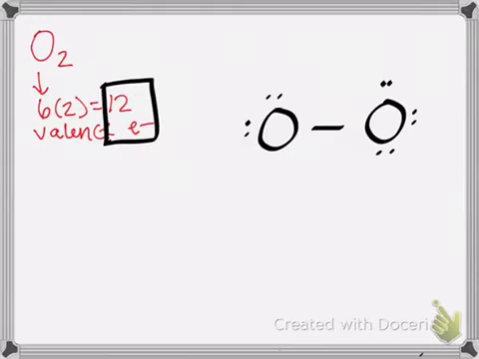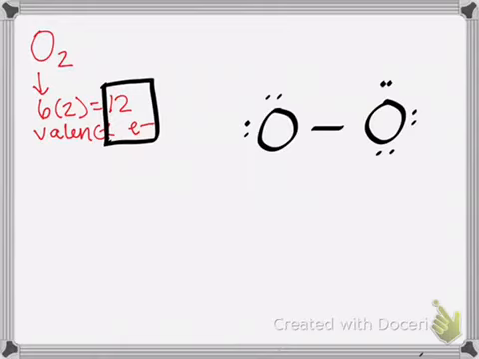So to fix this problem, what we're going to do is we're going to borrow a lone pair from the guy who's happy, and we're going to make another bond, and that's going to help us produce a double bond. Okay, so what I'm going to do is I'm going to take the guy who's electron rich, which is the oxygen on the right.